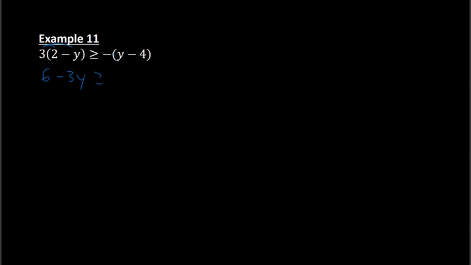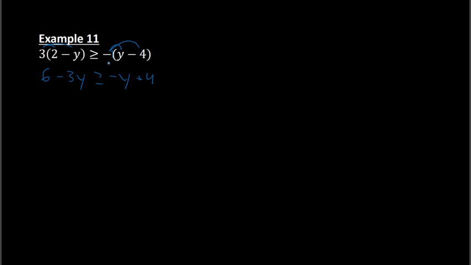And then over here, we have a negative in front of the y minus 4. So we can think of this as a 1 being in front. So I have a negative 1 times y, which is negative y. And negative 1 times negative 4 is a positive 4. So we have negative y plus 4 on the right side.